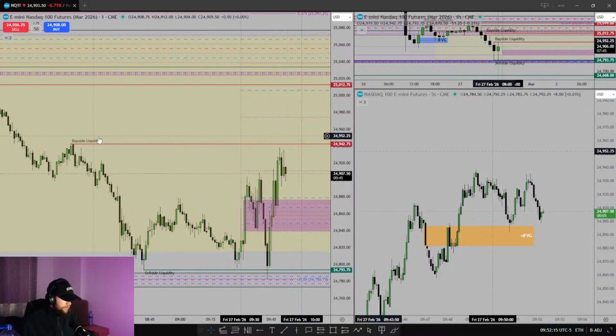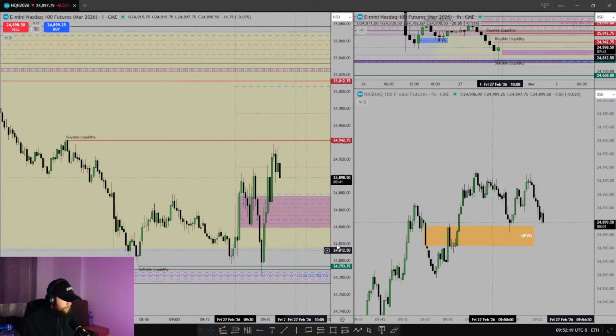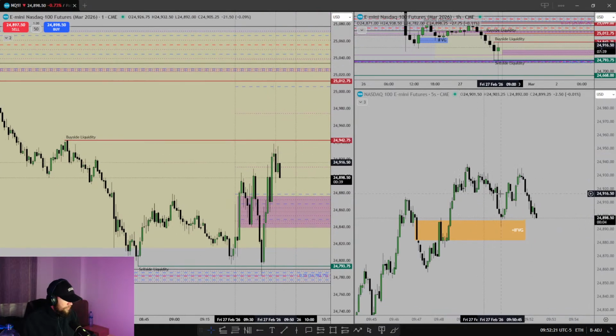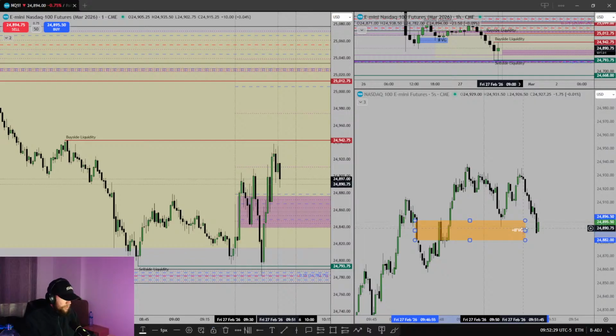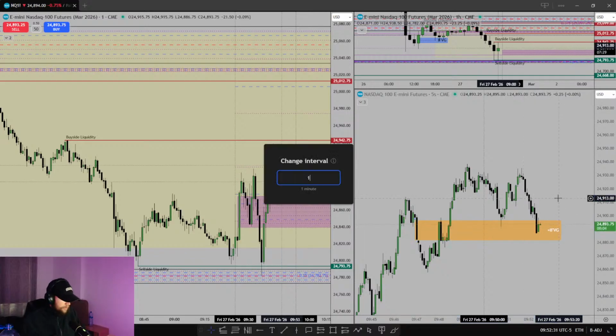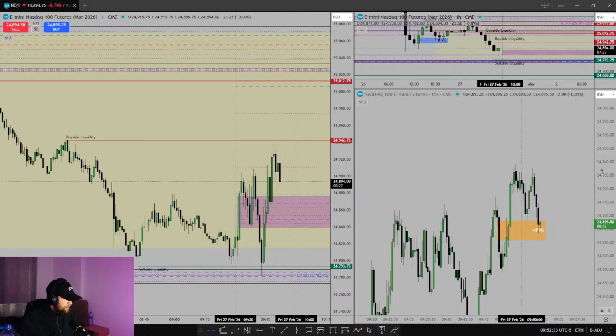All right, so the buy side here is engineered. If you missed this one here, I wouldn't consider this as a continuation. I just wait here, reading the candles here, one by one.